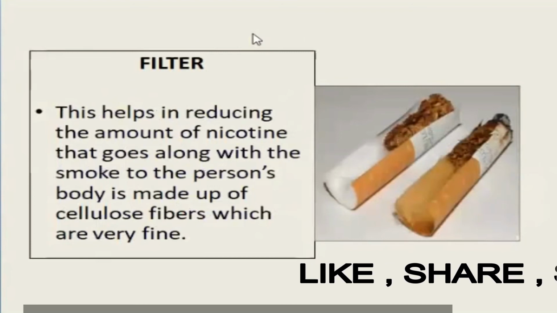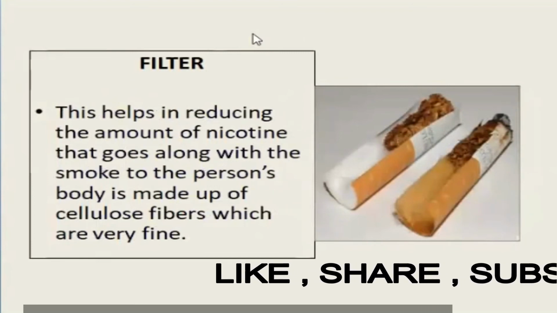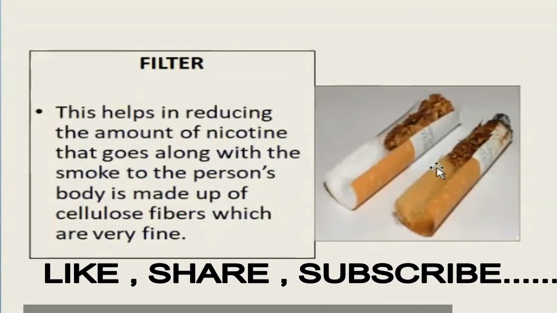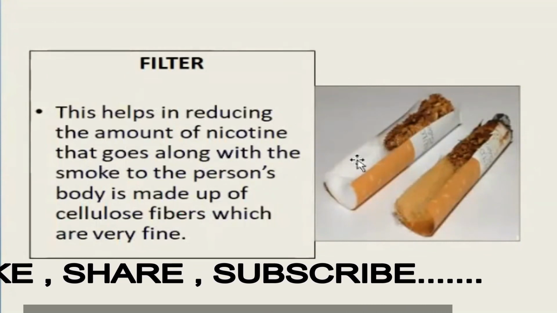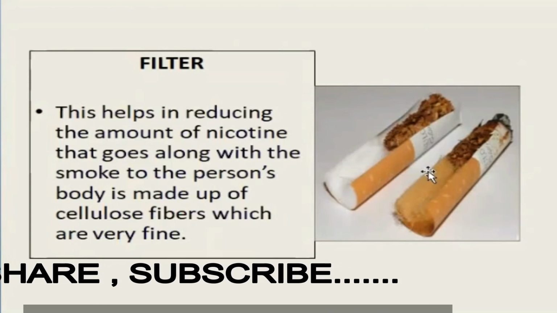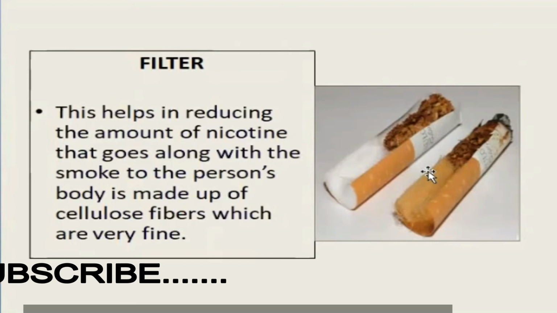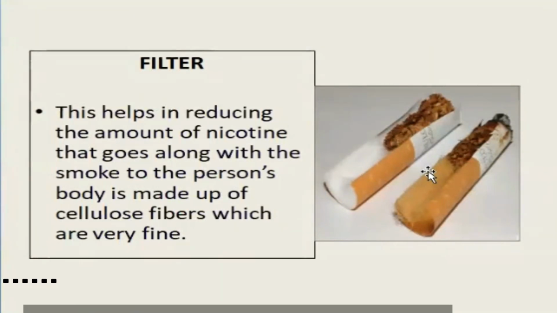The next part is known as your filter. This is the part I am talking about. It is there on the picture on your PPT, and at the same time it is in my hand as well, to make the information clearer.